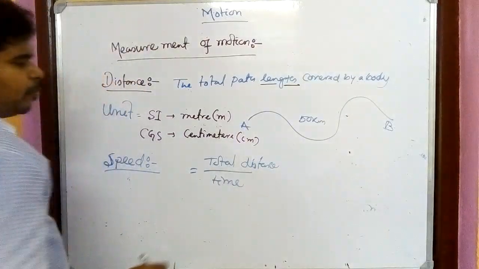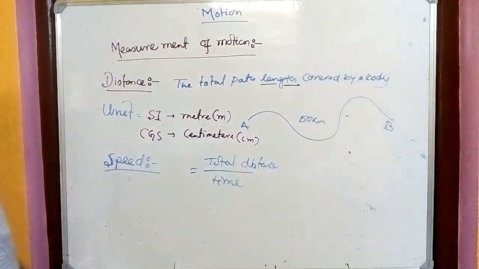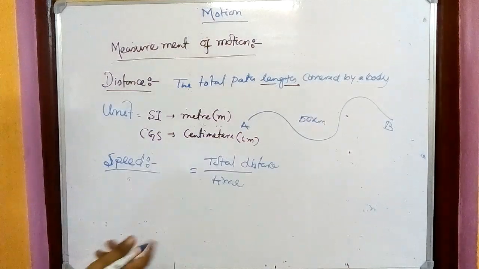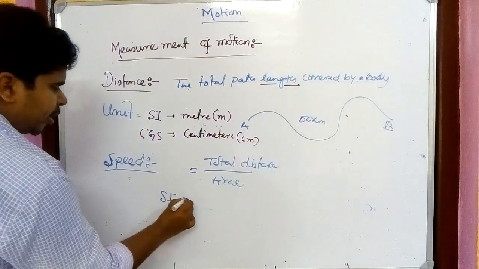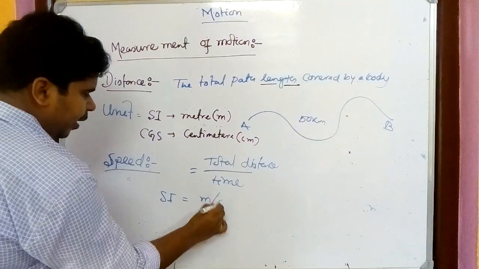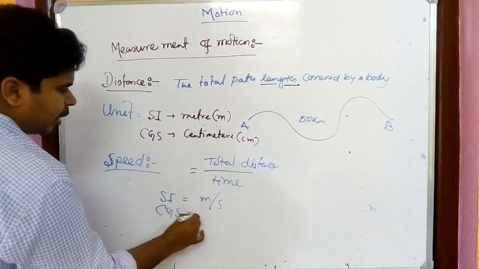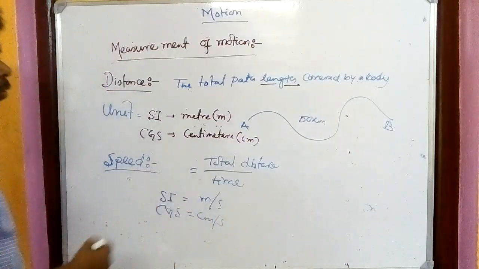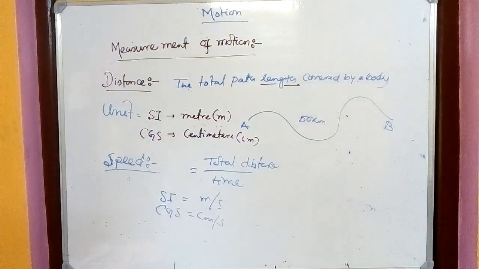That means the total distance covered in unit time is known as speed, and its SI unit is meter per second and CGS unit is centimeter per second. Apart from that you have learned average speed. Whatever you have learned in the previous chapter is enough, we will not go into it much.